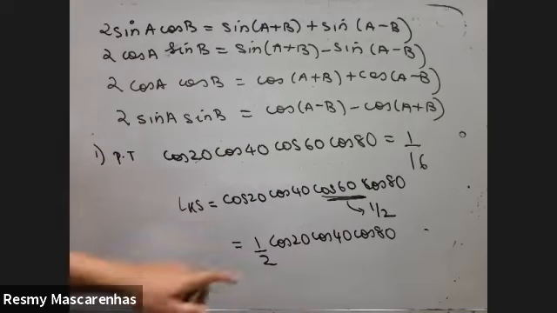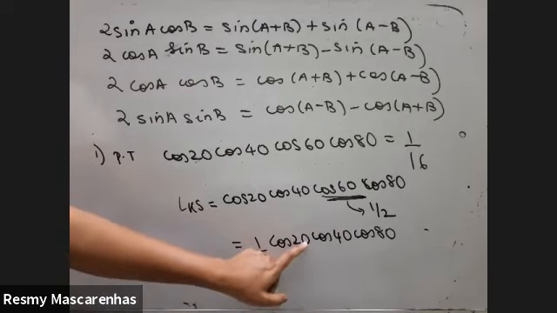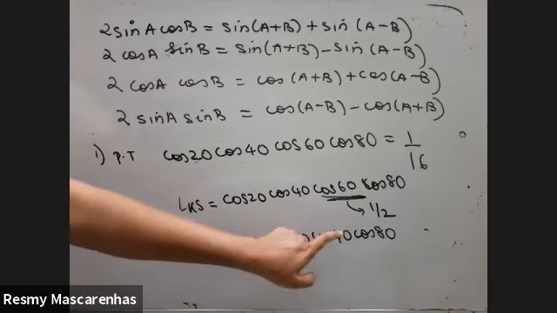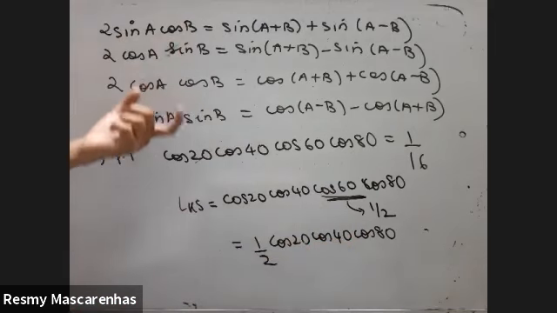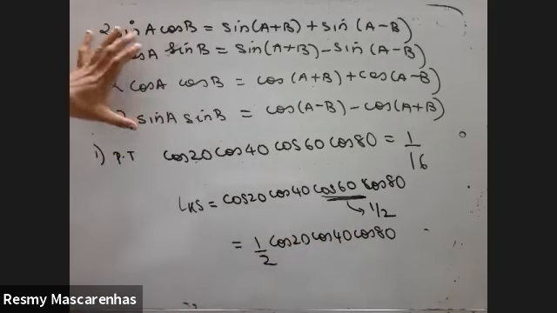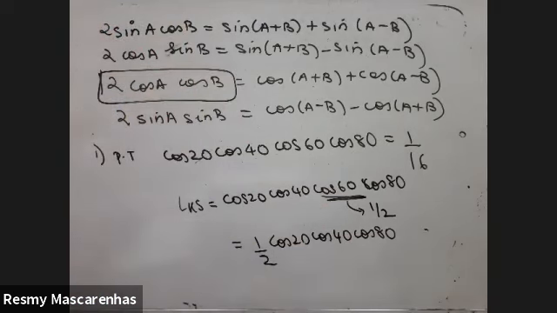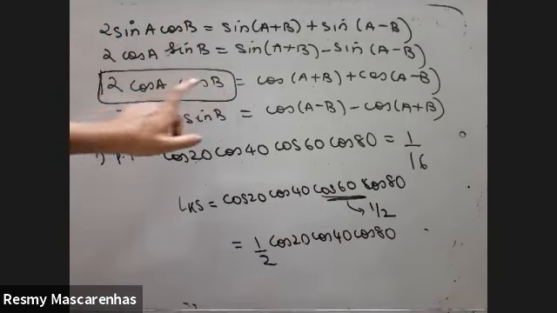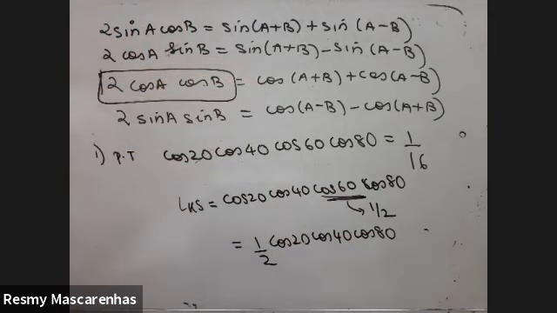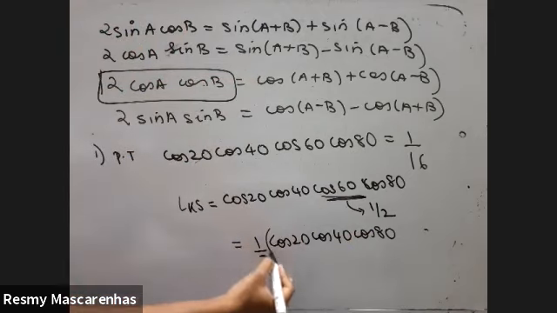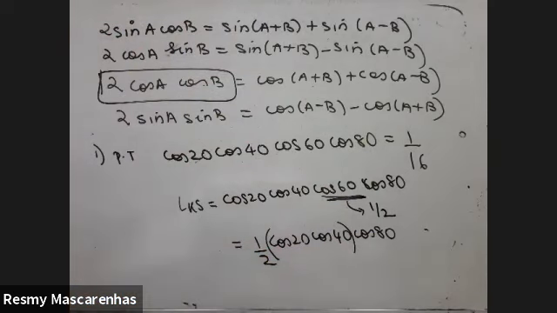Now if you notice, they are all in terms of cos A, cos B. If you see this question, which category of formula does it fall into? Cos. And there is no formula called cos A cos B cos C. What you'll have to do is take only two at a time.